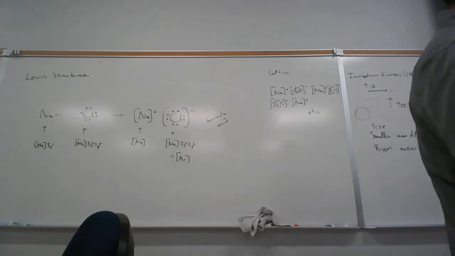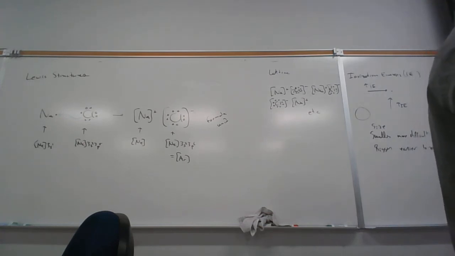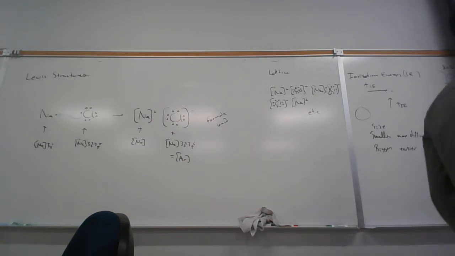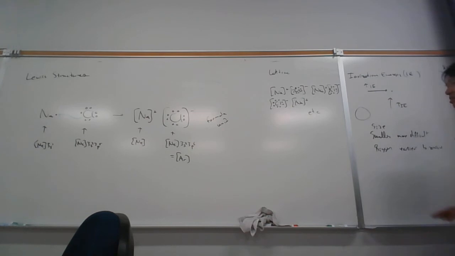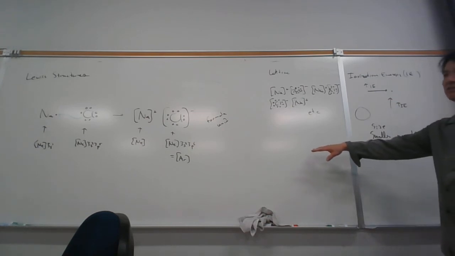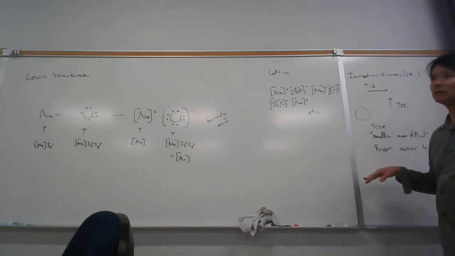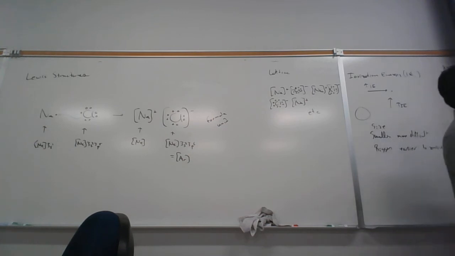What's happening with the size, though, is kind of interesting. As we go across from sodium to chlorine, it gets smaller. The number of protons increases, and so sodium is bigger than chlorine. But when sodium loses an electron, it shrinks to about half the size.